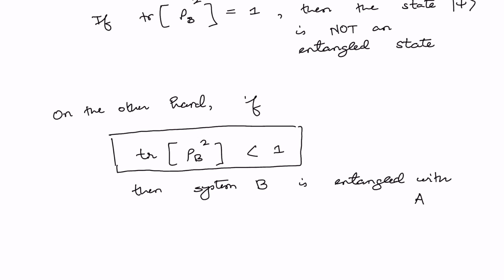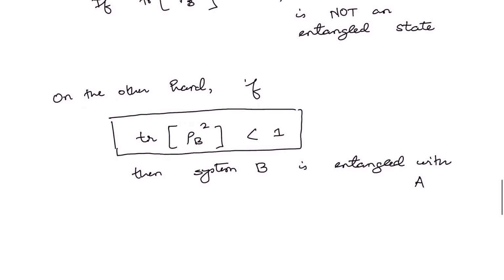You just have to write down the density matrix of the system, then find the reduced density matrix of, say, system A and system B. That means you find the reduced density matrix corresponding to the subsystems A and B, and then find the trace of rho squared corresponding to A and B. If you find, for example here, that the trace of rho_B squared is less than 1, then you can confirm that system B is entangled with system A.